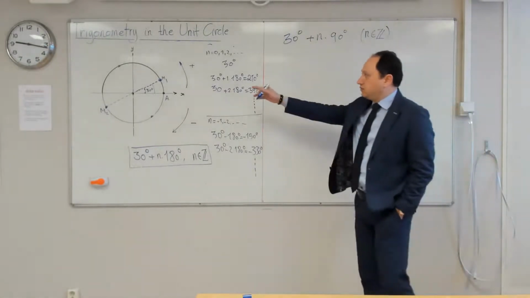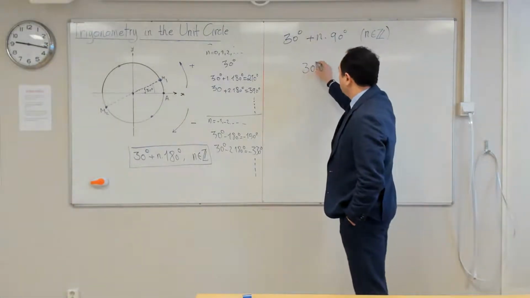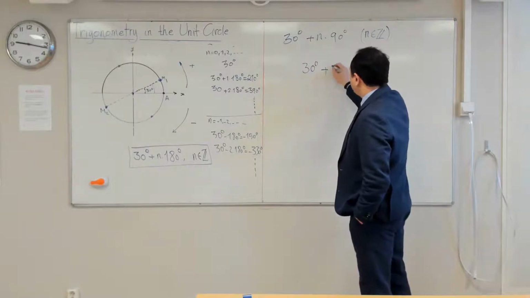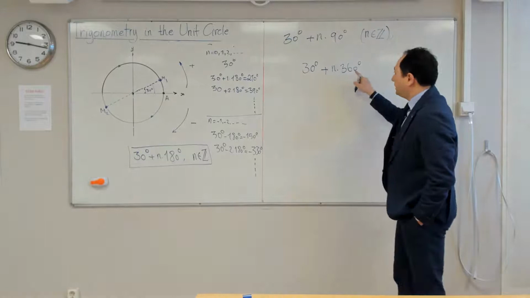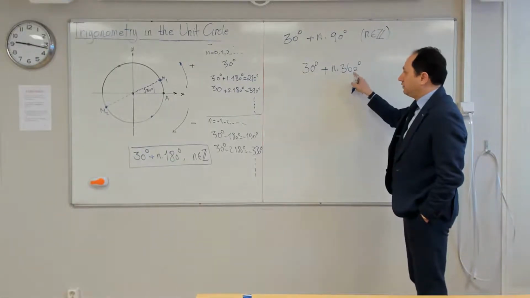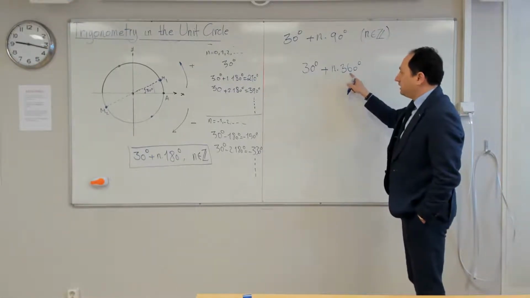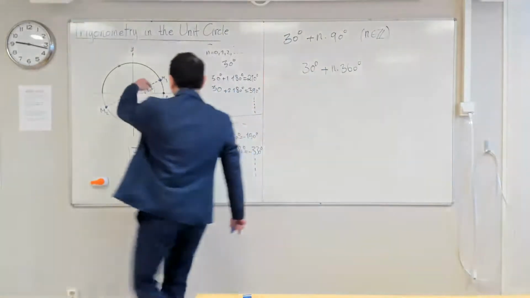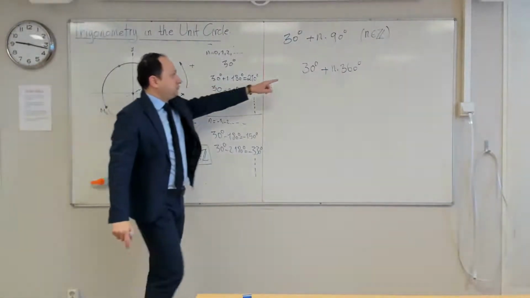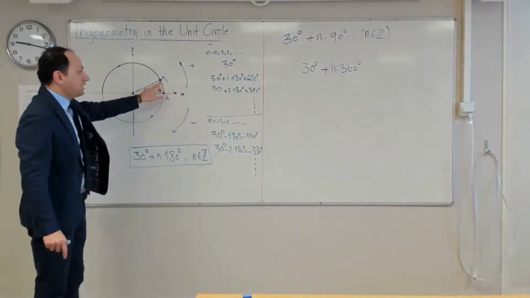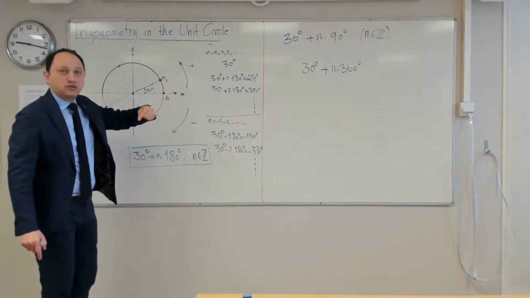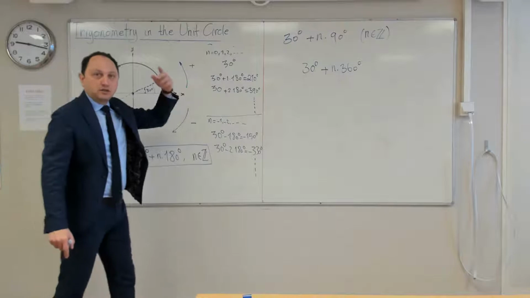So it is clear one of them is 30. Am I allowed to write n times 360? If you write this formula, it generates one of them. Yes? Because when you, for example, put n equal to 0, it becomes 30 degrees. That's okay. But when you choose n equal to 1, be careful.